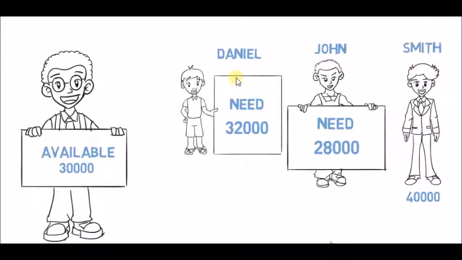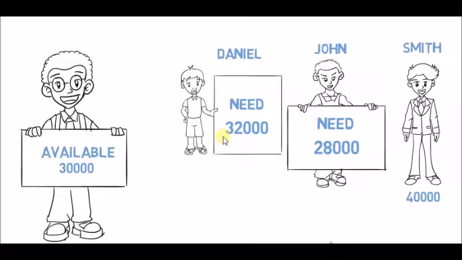Daniel again visits our bank. At this time we have 34,000 rupees available while Daniel needs 32,000 rupees. So yes, we can provide a loan to Daniel. Let's provide the 32,000 rupees. How much money is available with us now? 2,000 rupees, right?